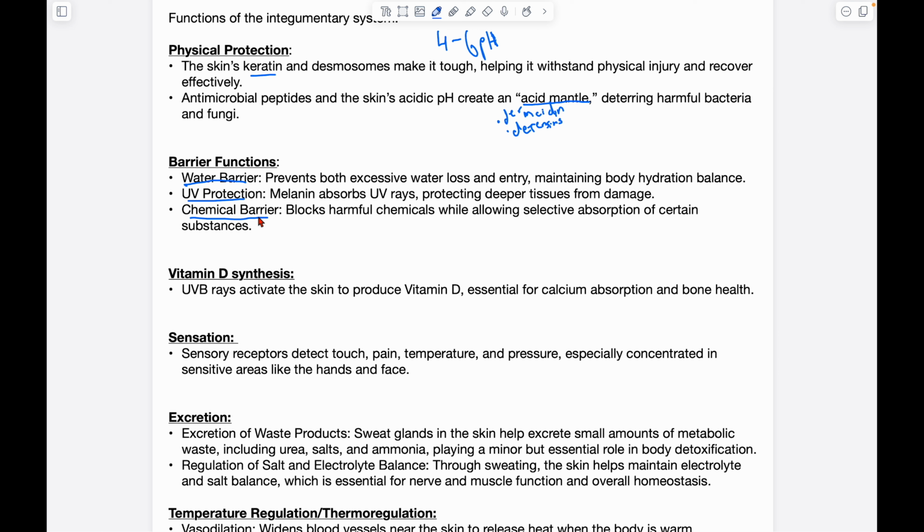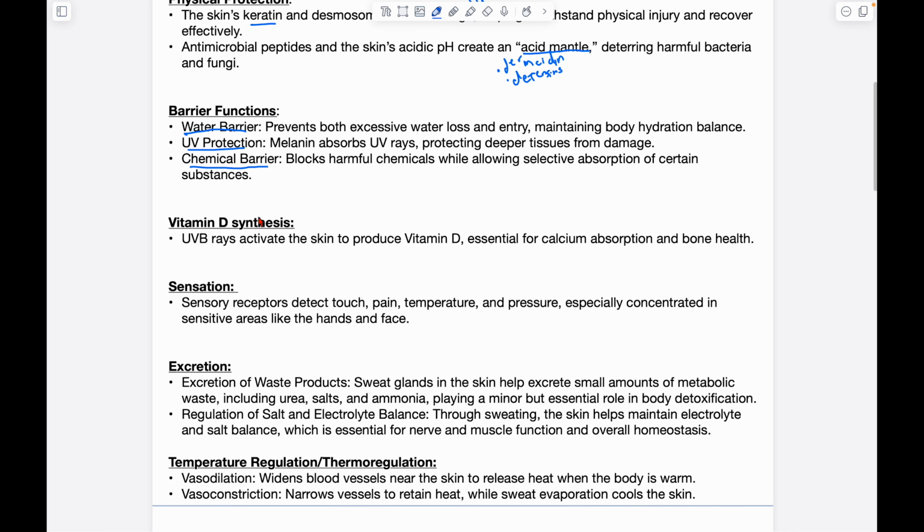One thing that you need to know about the skin is that it's selectively permeable, which allows for the absorption of some drugs, but also acts as a shield against other harmful chemicals. So the skin is semi-permeable and allows some chemicals in that would benefit it, and some are not let in.